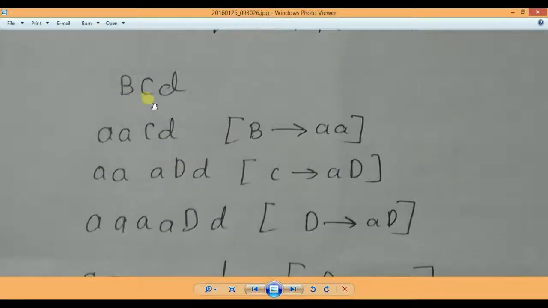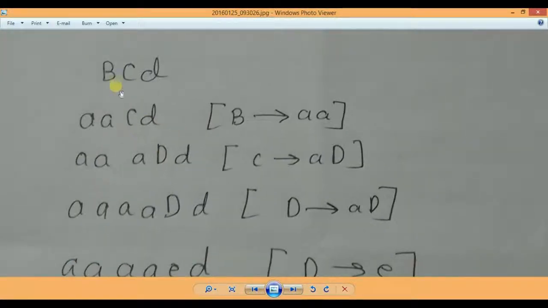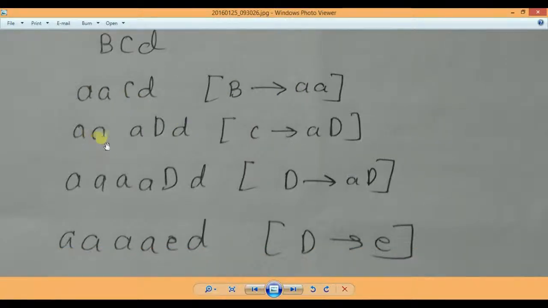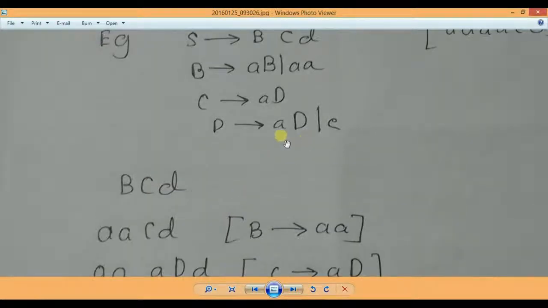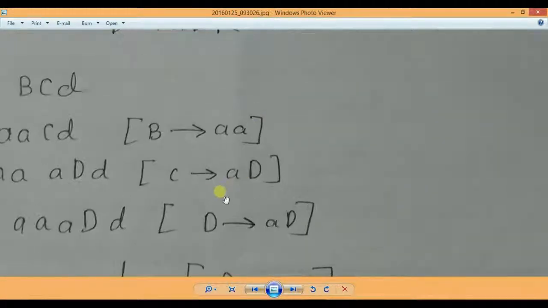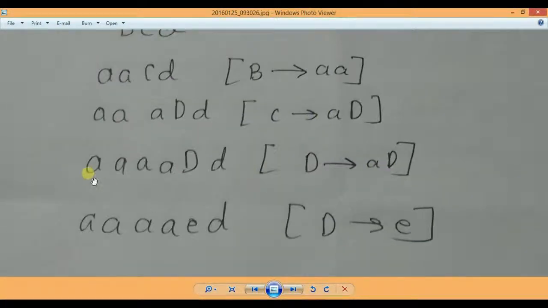This is the starting symbol BCd, and I am replacing B with a. So a here, then Cd. The a remains as it is, the d remains as it is, and I am replacing C now with aD, so it becomes a capital D small d. Now replacing capital D with small a capital D, since it's small a capital D or e, it becomes aa capital D and small d.